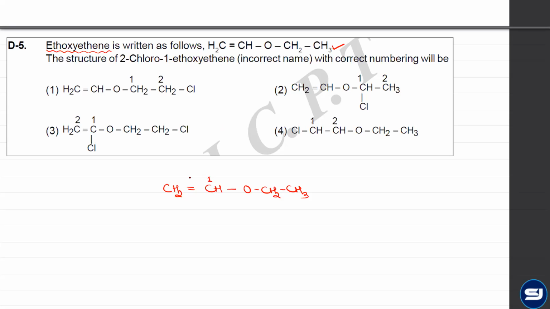And if I number the carbons as 1 and 2, तो ये 1 पे आ गया मेरा ethoxy और 2 पे क्लोरो के लिए I will remove 1H and replace by Cl. This is नाम से structure. But इन्होंने बोला है कि ये वाला name incorrect है. Now can you tell me what is incorrect in the name? Yes, anyone?